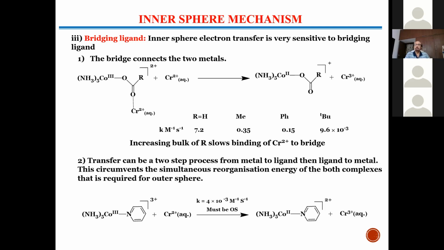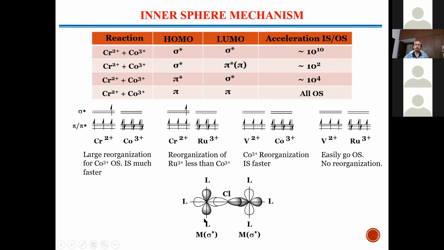There is no bridge, no bond formation, no bond breaking, etc. But here, this slide is very important. Here it is a sigma interaction. It could also have been the pi interaction. It doesn't matter. What matters over here is how important the orbital is.